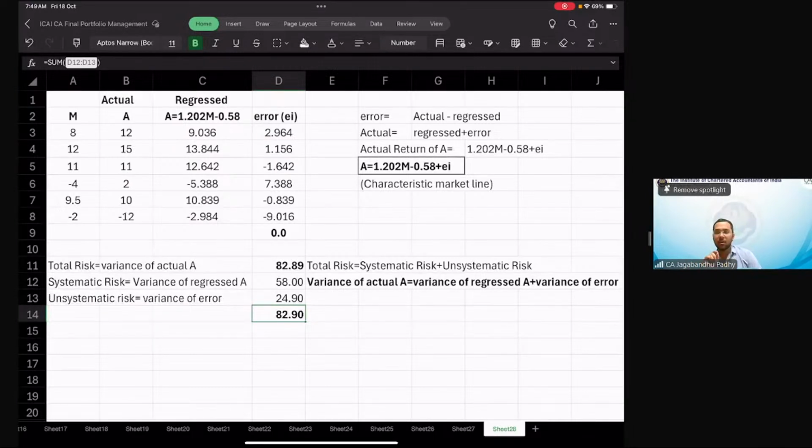Now, Sharpe actually gave us a bit different way of calculating this systematic risk. Sharpe doesn't require you to calculate the variance of all the three terms. What it says is it just takes this particular equation and gives you an identification of what is systematic and what is unsystematic.